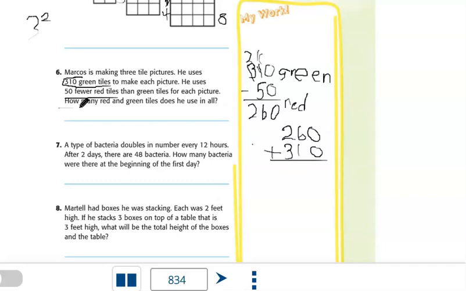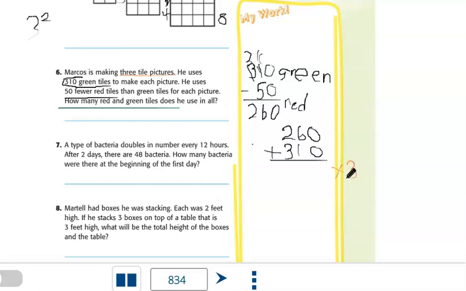So this is not our final answer either. From there, we need to take that and multiply it by 3 to find the total number of tiles that are red and green that he uses in all of his pictures.